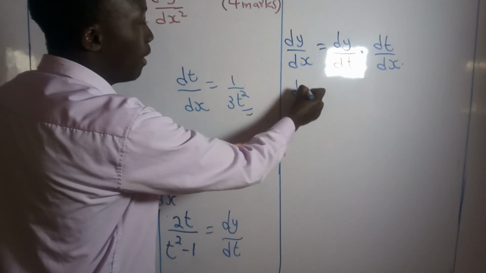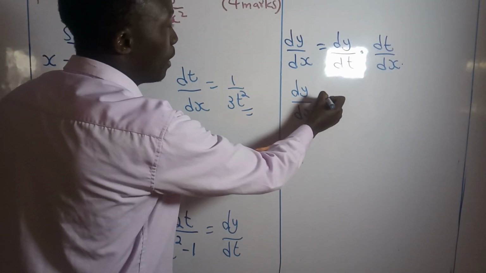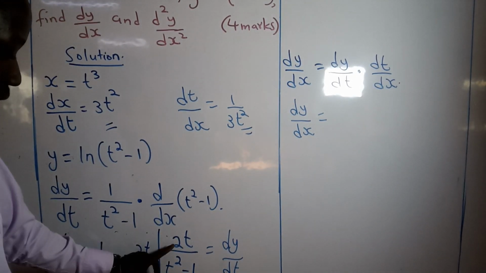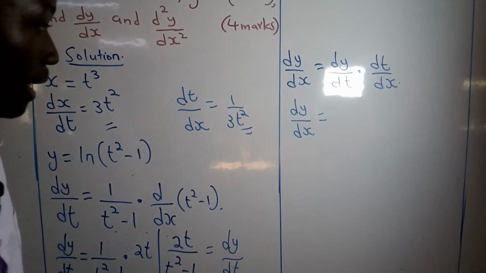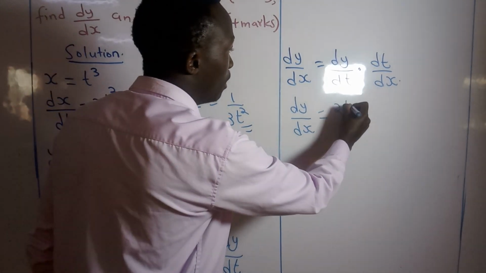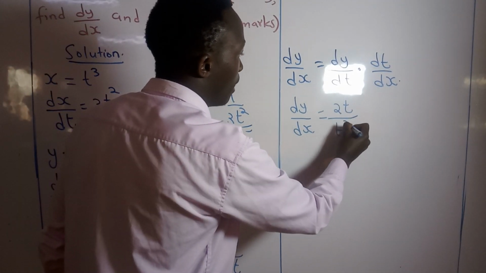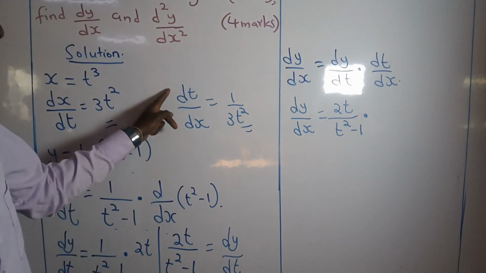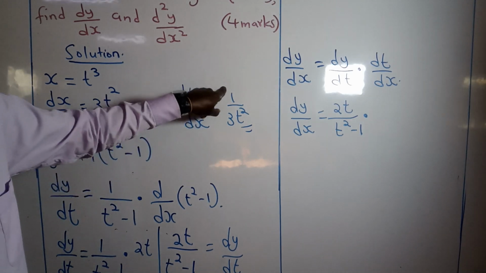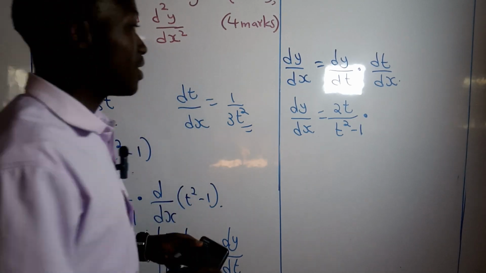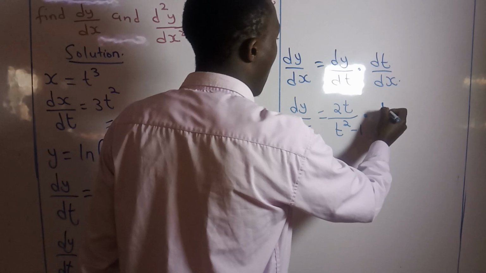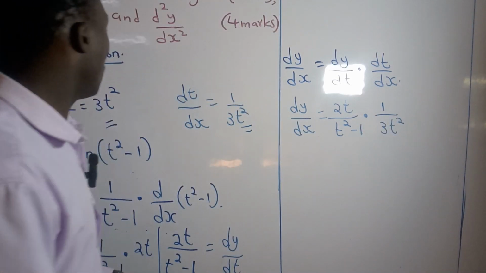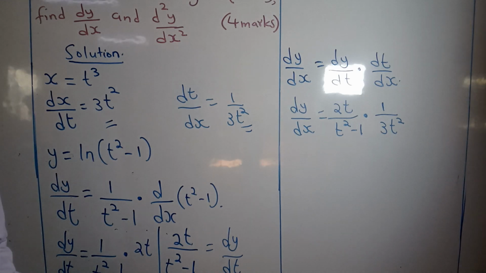So, dy over dx will be equal to dy over dt, which is 2t over t squared minus 1, multiplied by dt over dx, which is 1 over 3t squared.